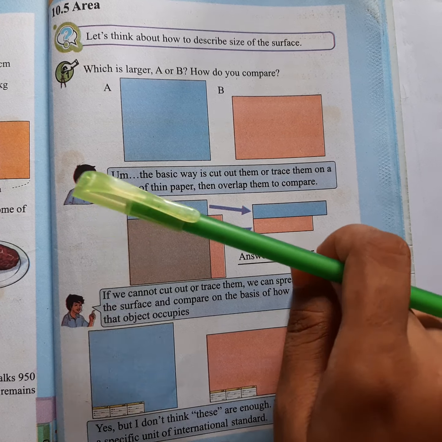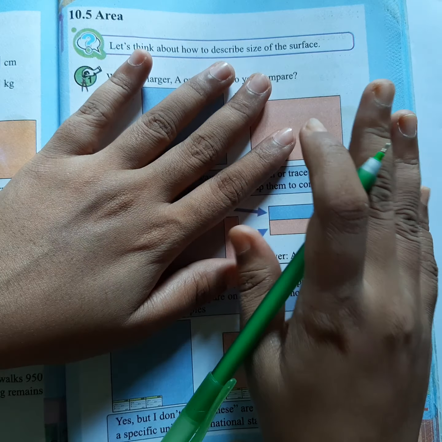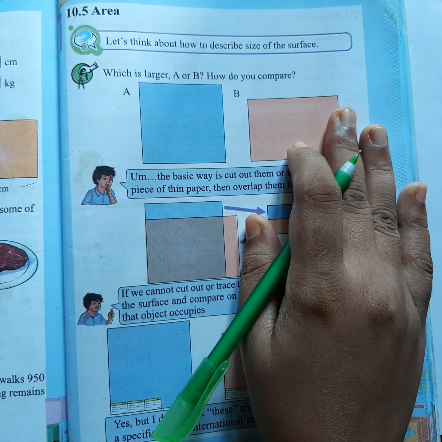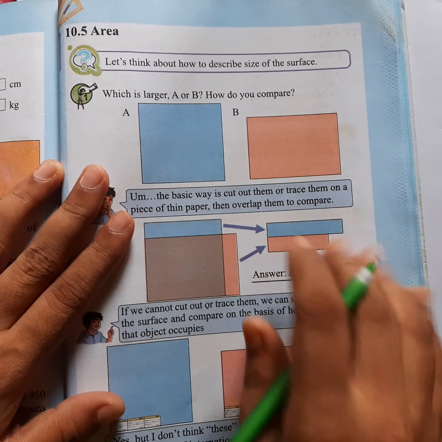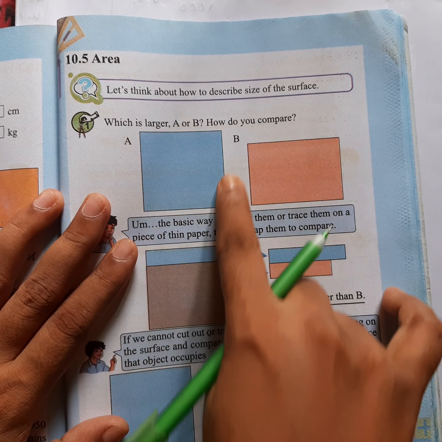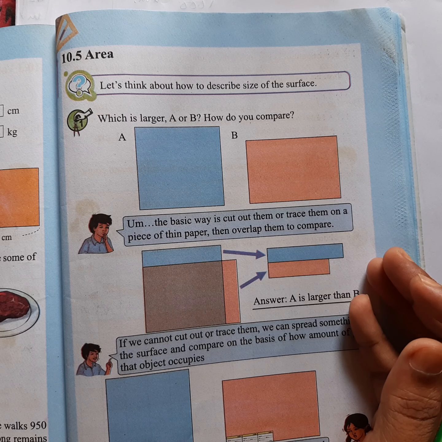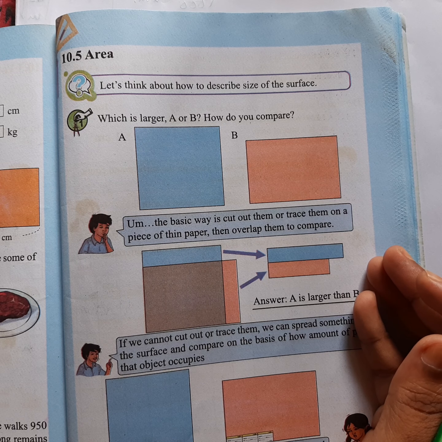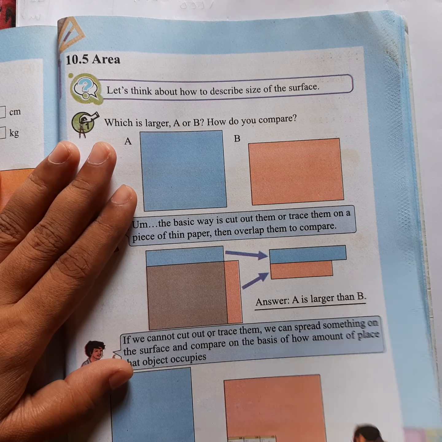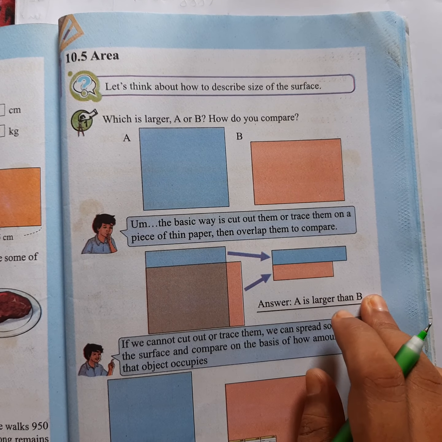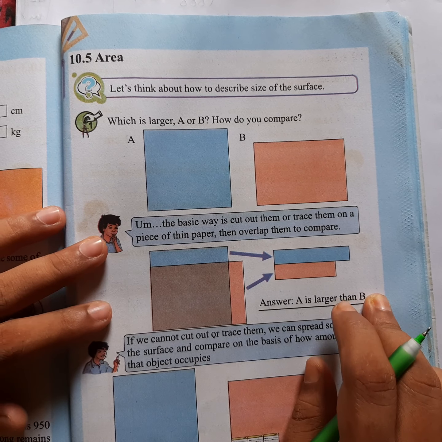Sometimes the objects are cylinder type, and there are different formulas for those. You are going to learn them when you go to the upper class, so don't worry about it for now. Just look at the picture. This one is a square and that one is a rectangle. Are they equal or not? Is one smaller or larger? You cannot say for sure just by watching the picture.